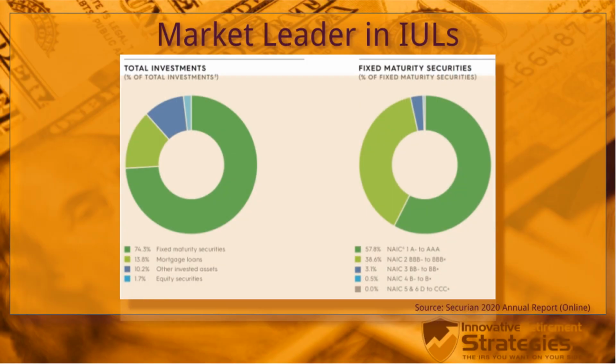Now, this graph is for a company that focuses almost, I don't want to say exclusively, they do offer whole life, but they're primarily known as an IUL company. This is Securian, and the underlying company that I utilize is Minnesota Life. Here you can see that their bond portfolio makes up almost three-quarters of the entire invested assets, with almost 14% in mortgage loans, and the balance spread across other assets.